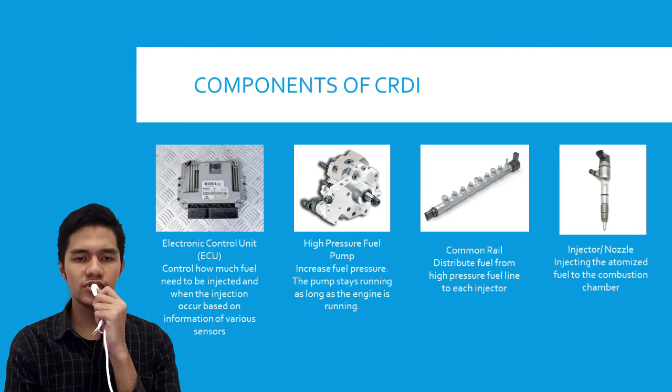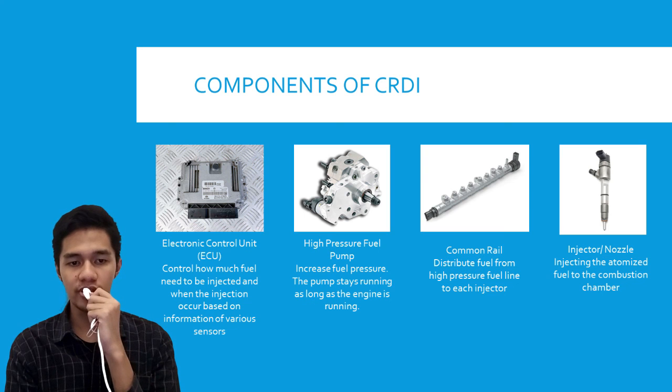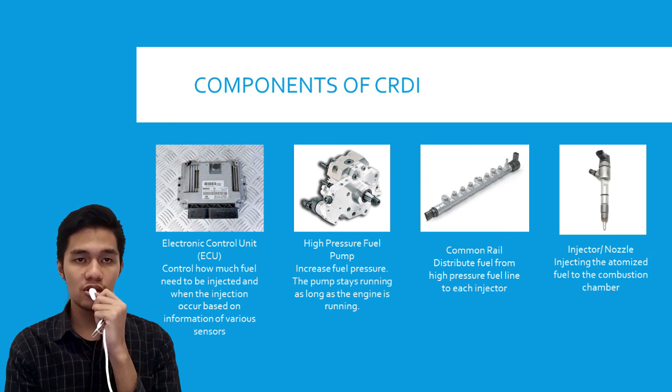The components of CRDI are, first, the electronic control unit, or ECU. This component controls how much fuel needs to be injected and when the injection occurs, based on information from various sensors. So it controls the amount and the timing of fuel injection.